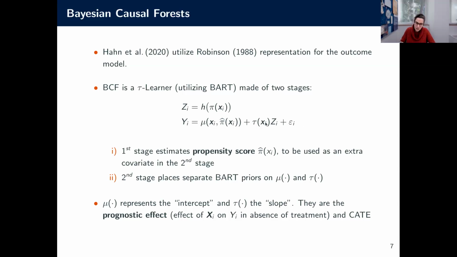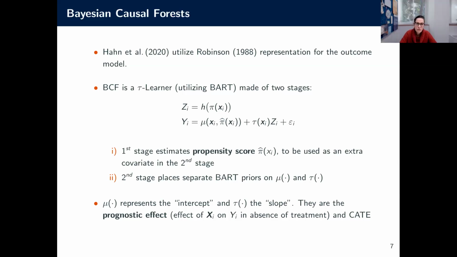But because, by definition, I've expressed the treatment effect to be additive, I can always write the outcome as some baseline as a function of x, plus some function of x, the treatment effect, times z. Of course, what you do with the error here, there are different options, but fundamentally this parameterization is due to the additive nature of the conditional average treatment effect.